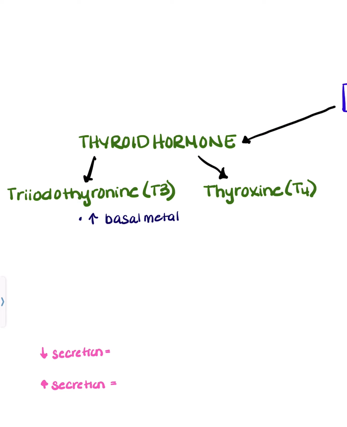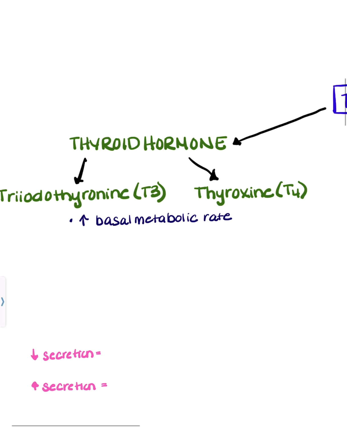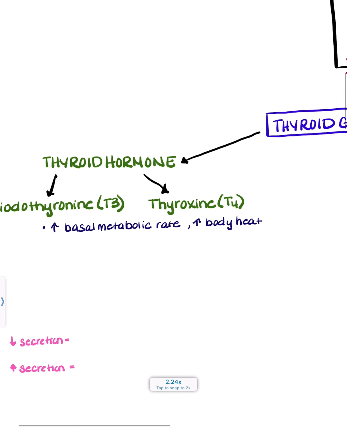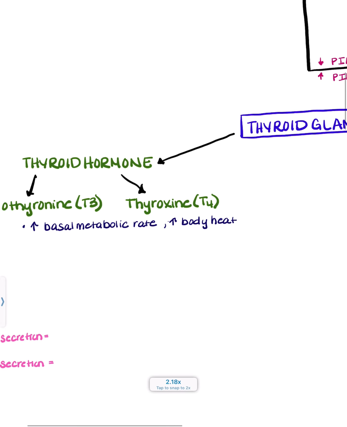And if we increase the metabolic rate of the tissue, we're indirectly also going to produce some heat because that's a byproduct of metabolism. So we increase body heat production. Because we're increasing body heat production, we say that the thyroid hormone has a calorigenic effect.